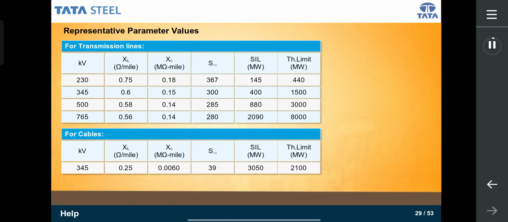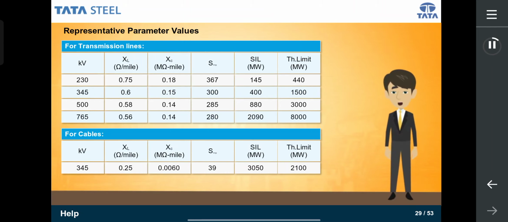The table shown above gives indicative values of inductance and capacitance per unit length corresponding to a given voltage level of transmission line. It also shows the surge impedance, SIL (surge impedance limit) in megawatts, and thermal limit in megawatts for a given transmission line voltage.